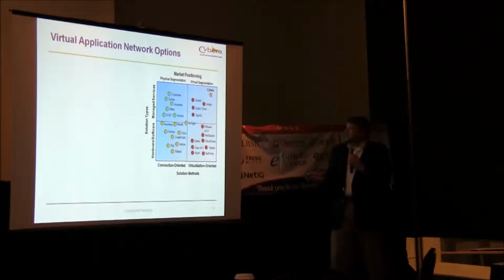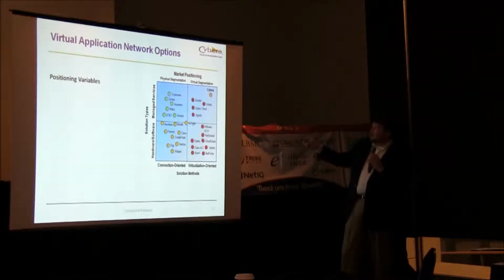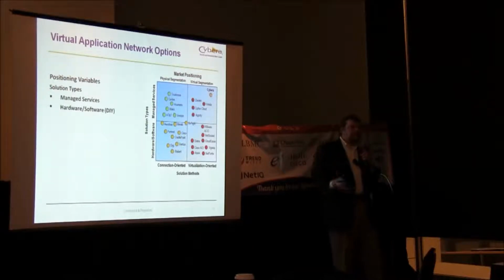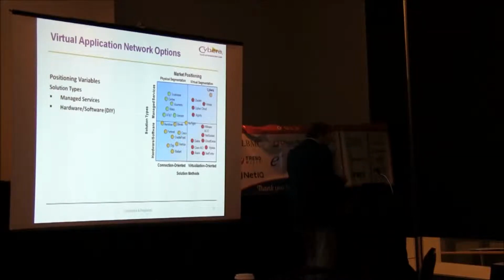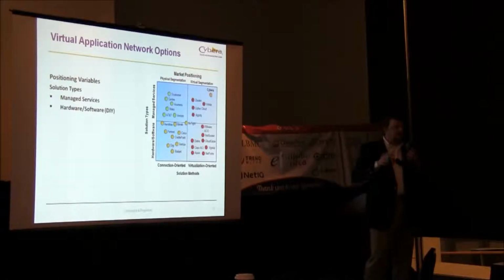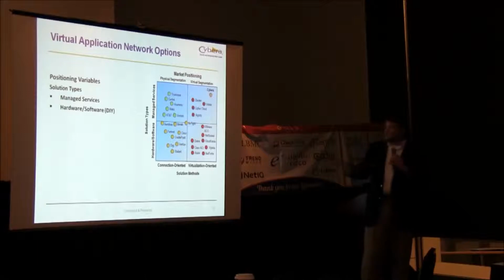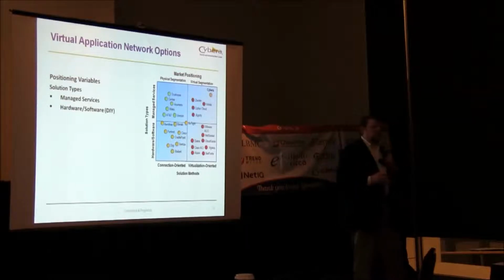So what options do you have? Some of the positioning variables, if you think about this, you can look at it from a perspective of what kind of solution types would I want to go for. You could say I've got a good, strong in-house security staff, and I want to do this myself because I like that control. So there are lots of options where you can buy off-the-shelf hardware and software and do it yourself.